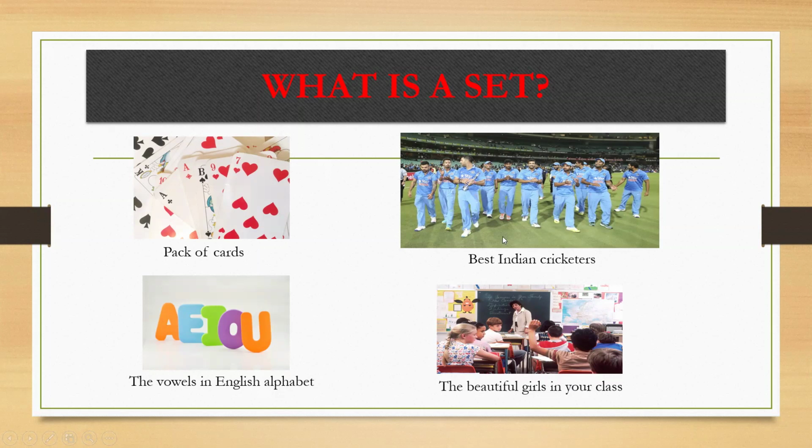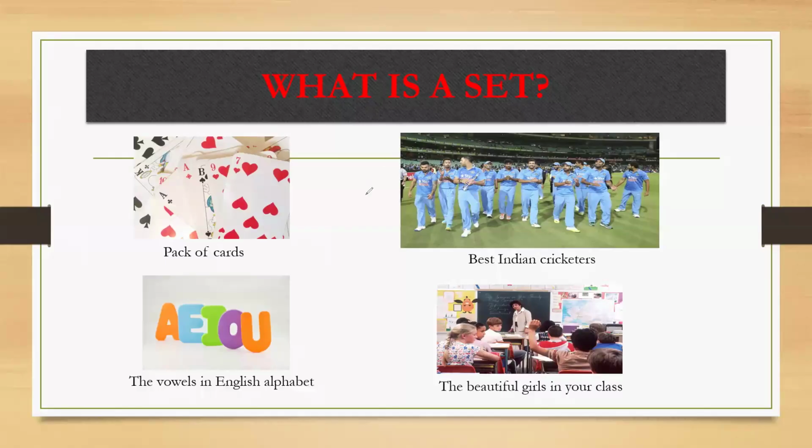Thus, we have observed that there are certain collection of objects which will remain the same throughout the world without any change. That is the pack of cards and the vowels in English alphabets. At the same time, there are some collection of objects which vary from person to person. Clear?